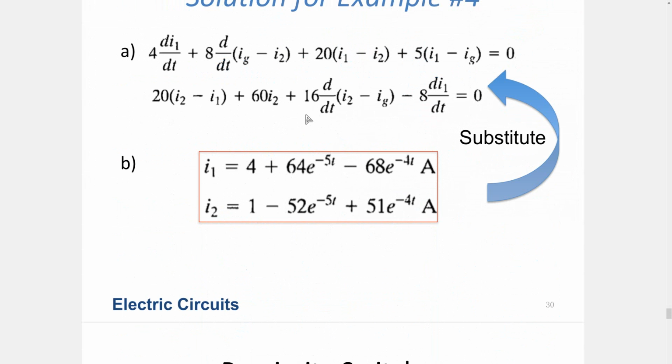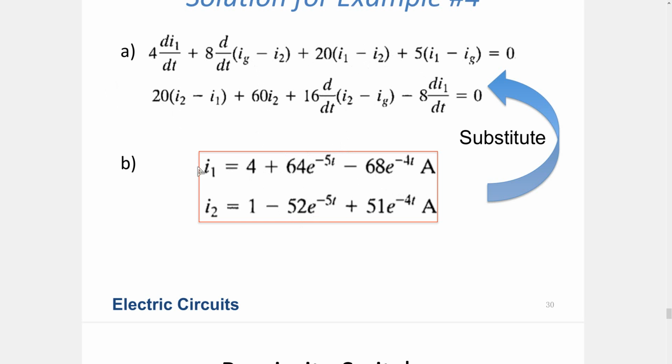Now we have established our equations and we can basically try to solve them. Typically Ig is known because it's a given value, so I have 2 equations and 2 unknowns, I1 and I2, and this can be solved uniquely. The solution was given to us and the question asks for verification.